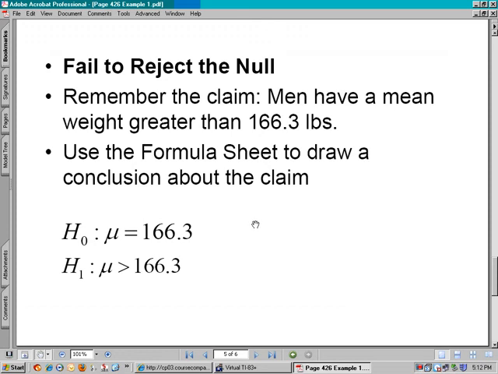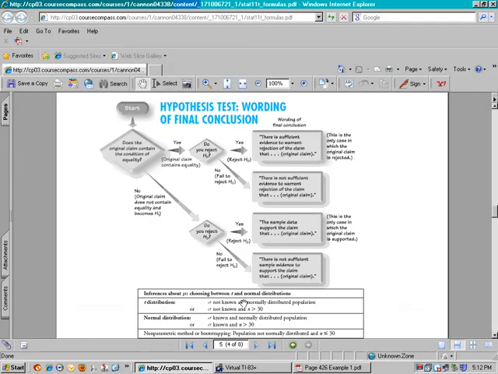So we need to go down to our table that's in your formula sheet, and we're going to go through a series in your flow chart that says, does the original claim have a condition of equality? No. Your original claim said that the mean was greater, so no, it did not have an equal sign. Did you reject the null? No. We failed to reject.